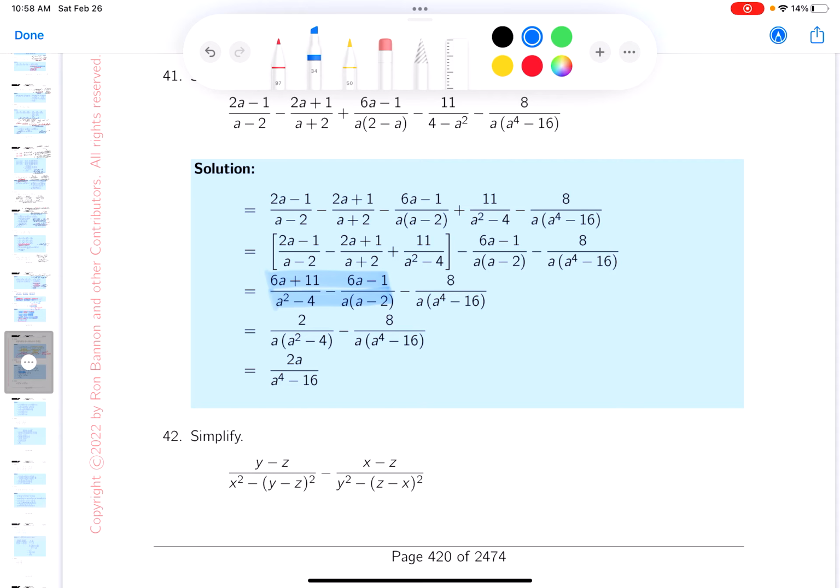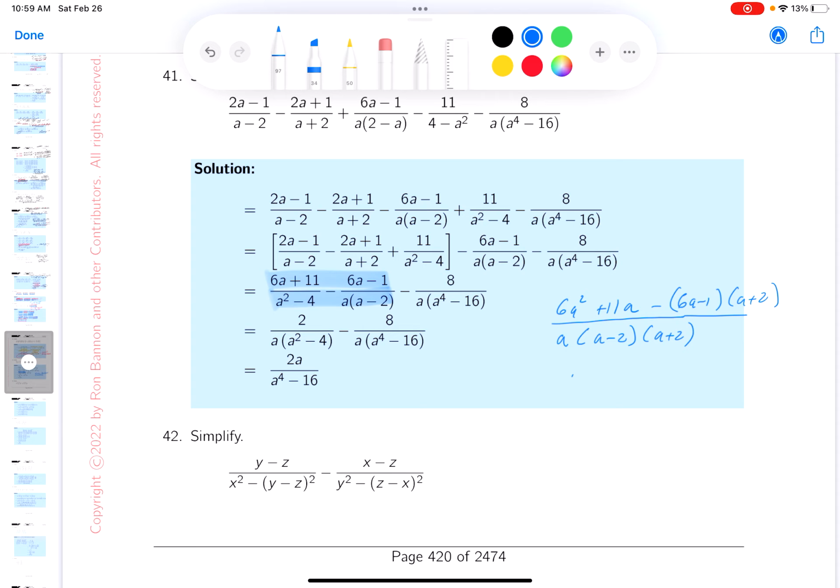And a common denominator there would be, let's write this down, would be a minus 2, a plus 2. All right, what do you get there? We can get 6a squared plus 11a. And then you're going to get minus, this is more complicated, 6a minus 1, and an a plus 2 there.